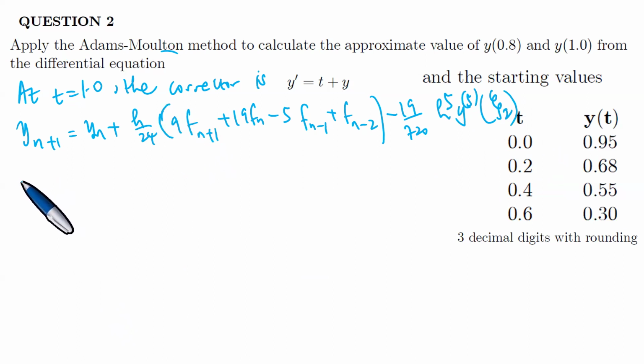So now you then have y6. Now the corrector y6 would be with n is 5.